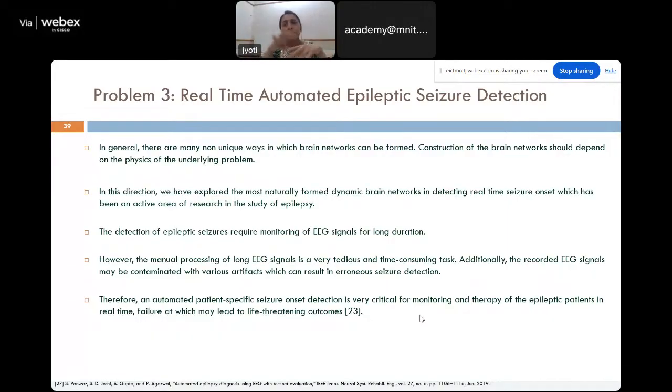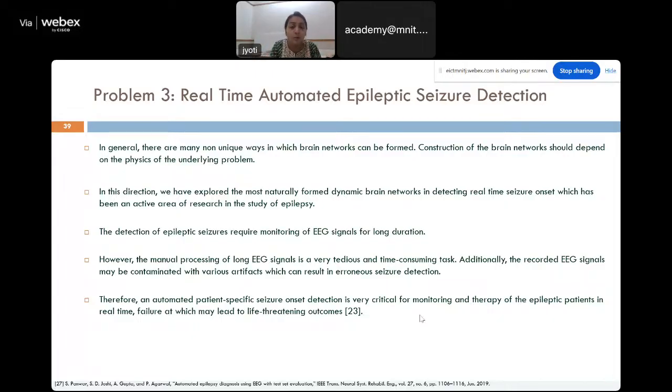We were not exploring anything more. But we found that if we become very specific about what physical entity we want to capture, what the underlying dynamics are, what the physics of the problem is, then considering all these things you should choose your functional connectivity matrix. We should not just directly jump to any connectivity matrix.